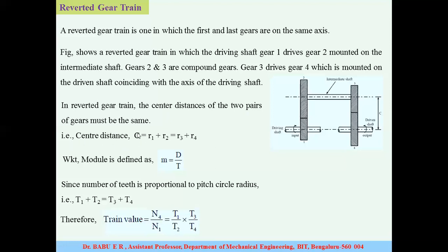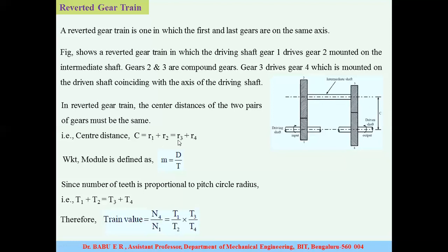Therefore, center distance C is equal to the radius of gear 1, R1, plus R2, which gives the center distance for the first combination. Similarly, R3 plus R4 gives the center distance for the second pair. So in a reverted gear train, center distance C is given as R1 plus R2, which is equal to R3 plus R4.